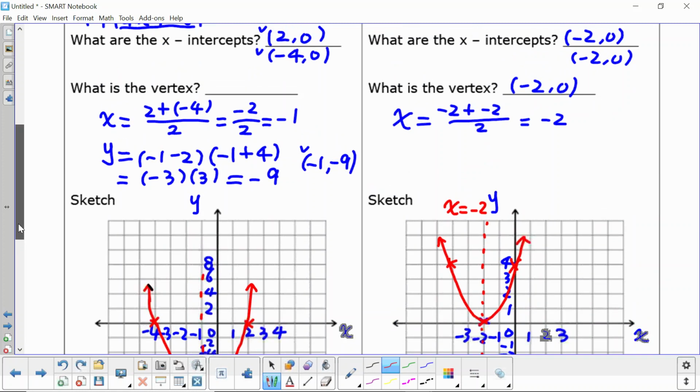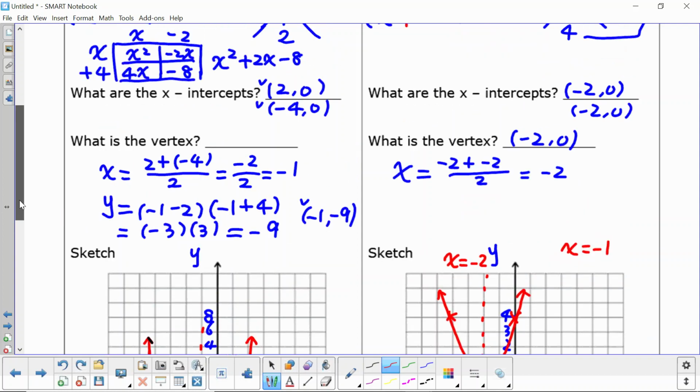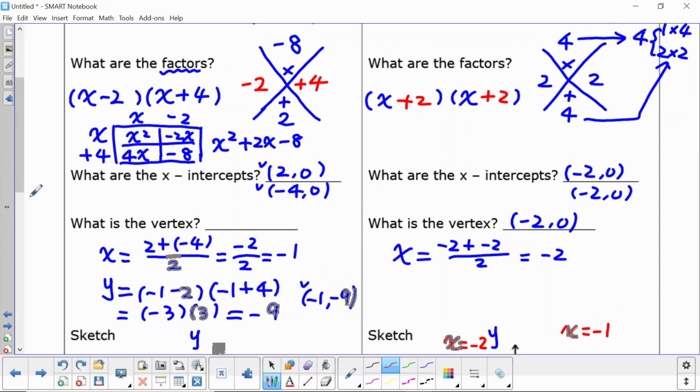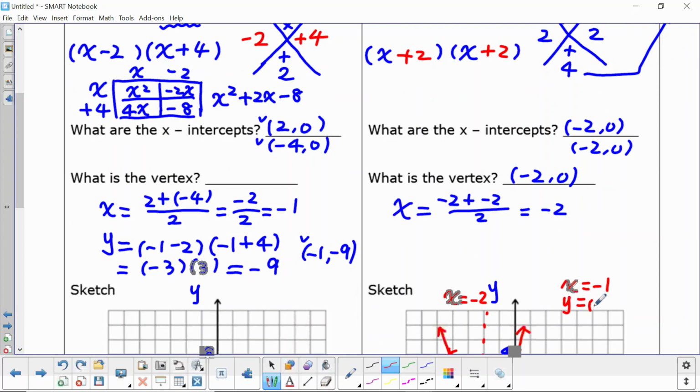And how do we find the 5 points? You have these 1, 2, 3. You could substitute x equals negative 1 into the equation. Then you will have y equals negative 1 plus 2, times negative 1 plus 2. Then 1 times 1 gives you 1.